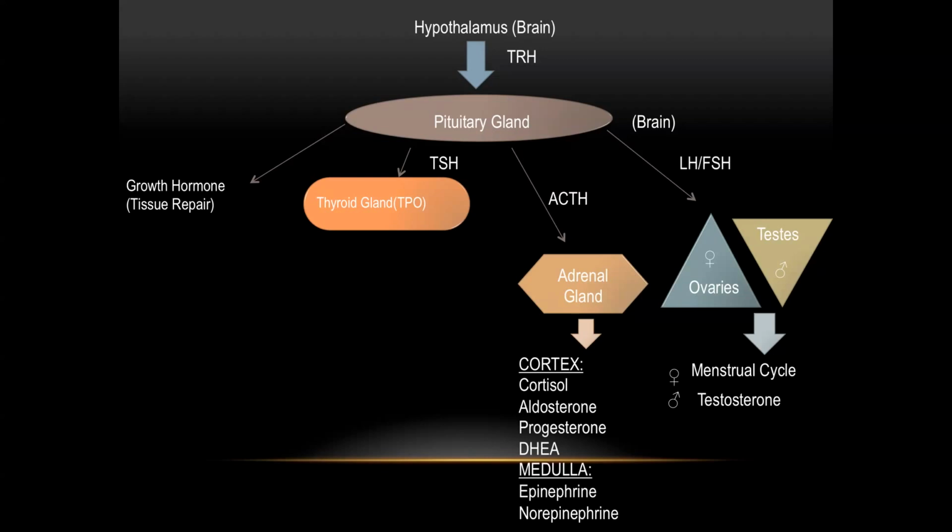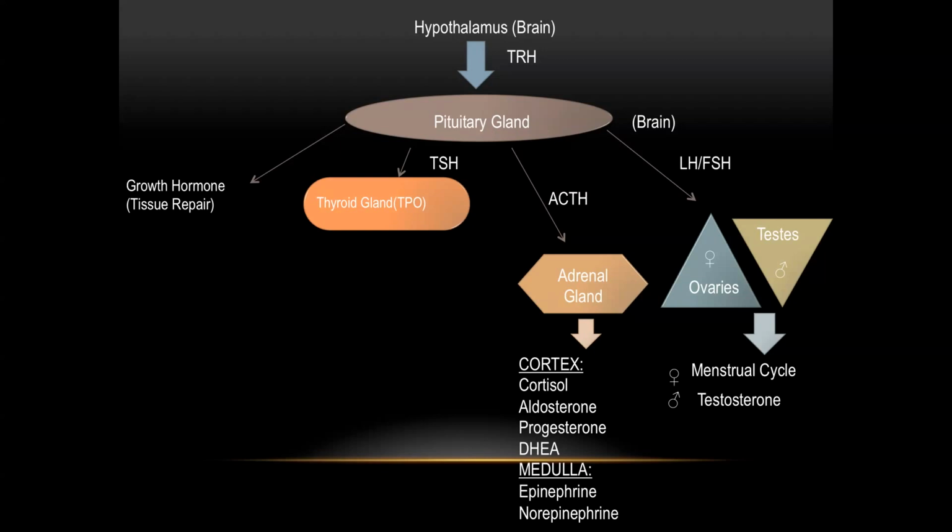The pituitary gland also regulates the release of other hormones, ACTH to the adrenal glands. You can see the adrenal glands are responsible for the release of cortisol, progesterone, aldosterone, DHEA, epinephrine, and norepinephrine. The pituitary gland also releases luteinizing hormone and follicle-stimulating hormone to the ovaries and testes, which helps control the menstrual cycle and testosterone.